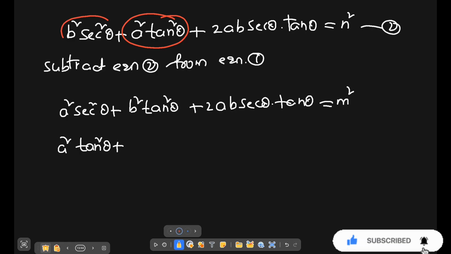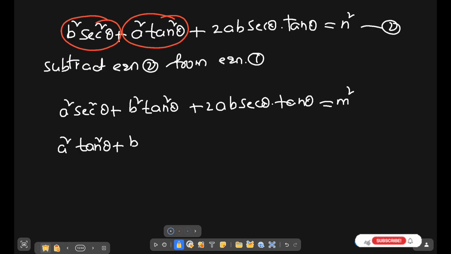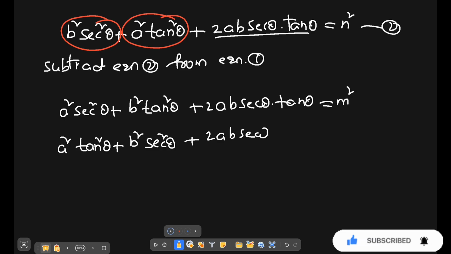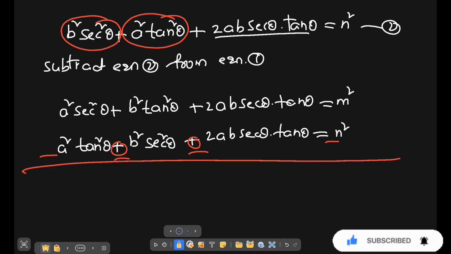Now here you have b square sec square theta; under that you write b square sec square theta plus this one, 2ab sec theta tan theta equals n square. So change the signs: minus, minus, minus, and this also minus. Add.